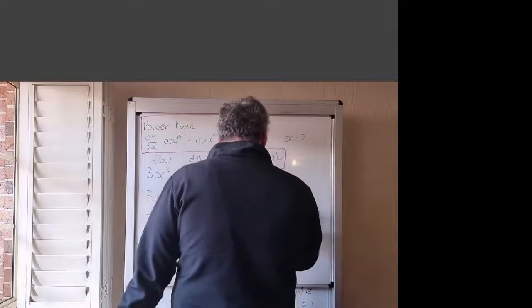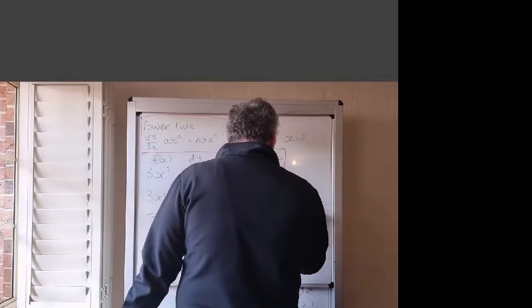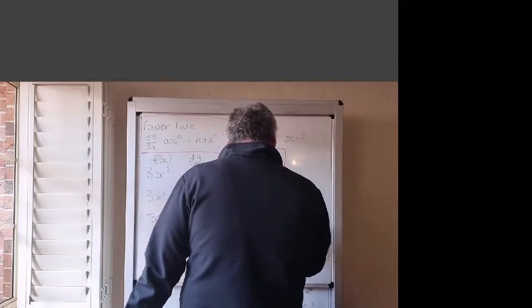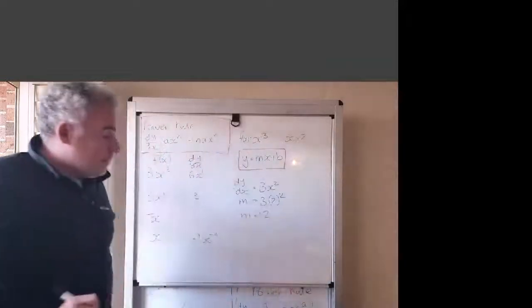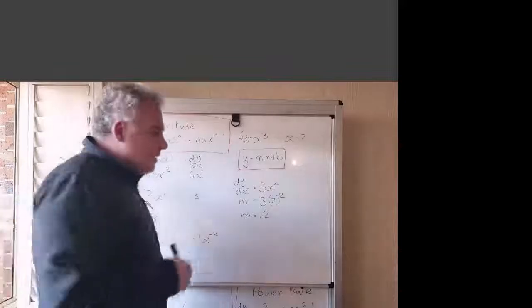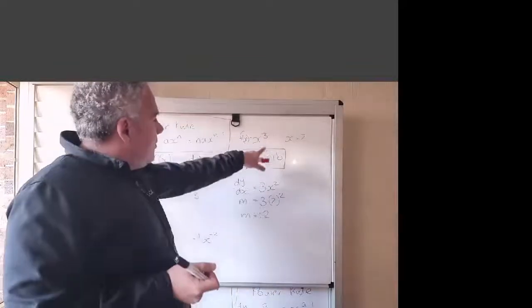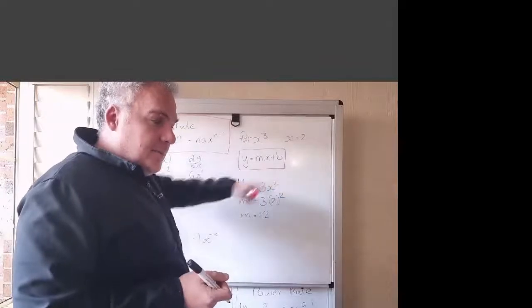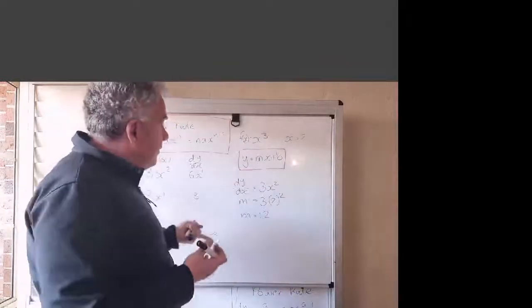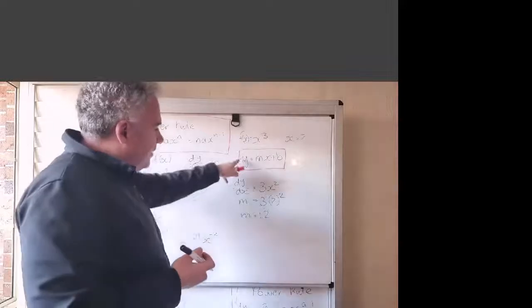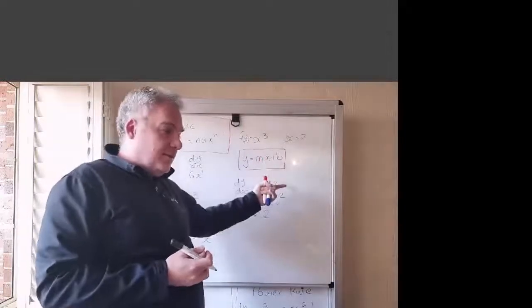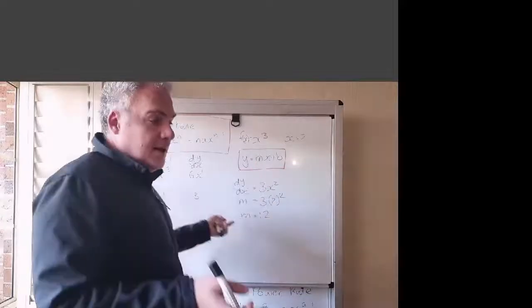So m equals 3 times 2 squared, 3 fours, m equals 12. Okay? Now we have our 12, we can put 12 into this equation. But I first of all need a y value, so I can chuck y in and work out what the intercept is, our final little bit, our b. So that's what I'm going to do.